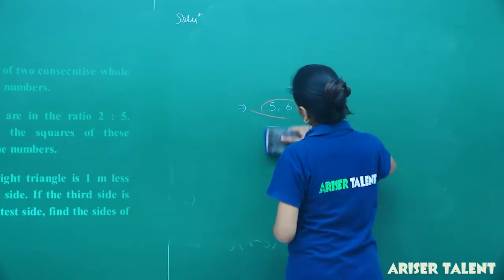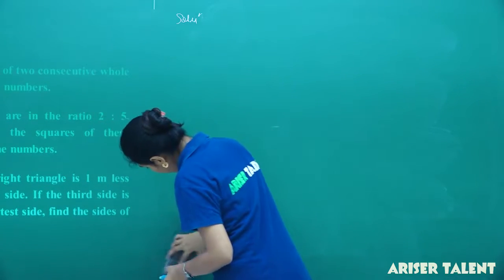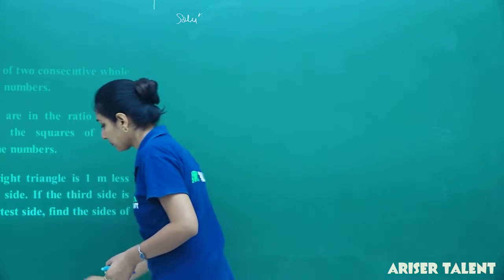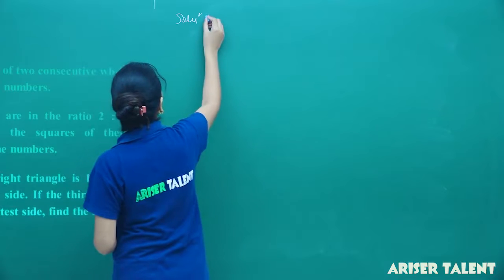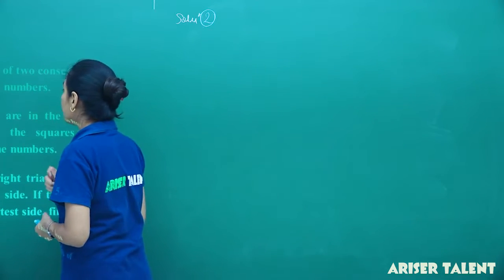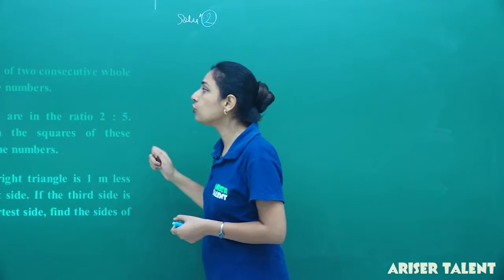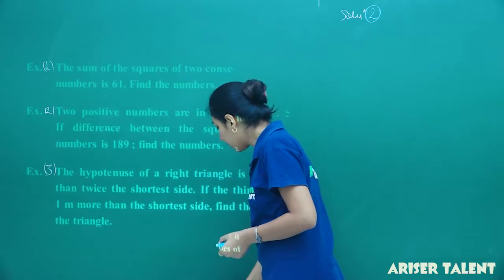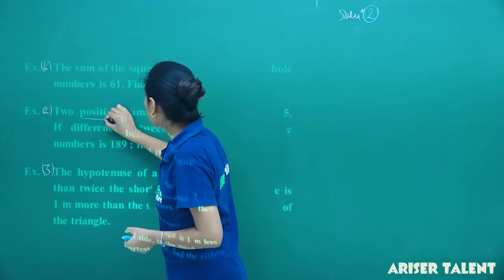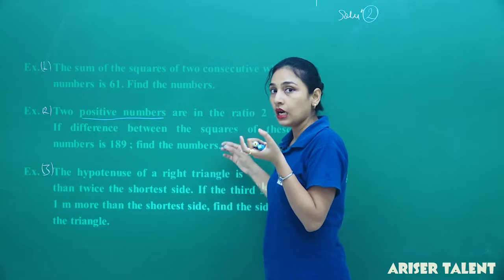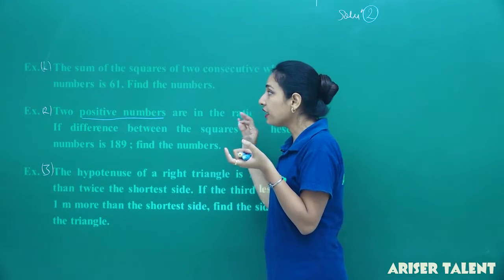Now students, about the second, what we are having in the second question, let's see. Two positive numbers are in the ratio 2:5. Two positive numbers, mark these words that these are positive numbers. Characteristics of your particular given value of x are very important.